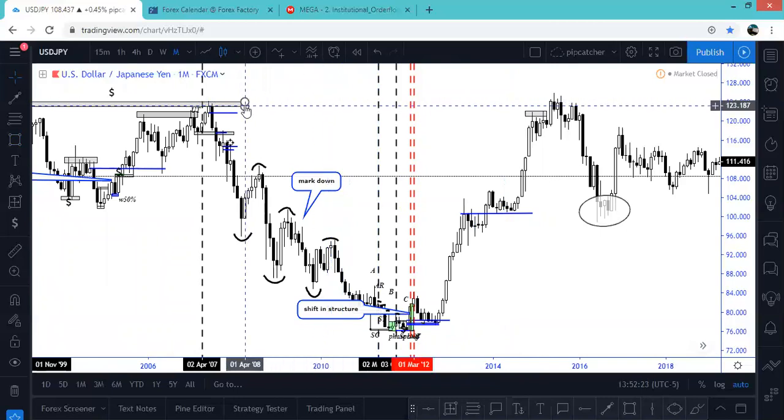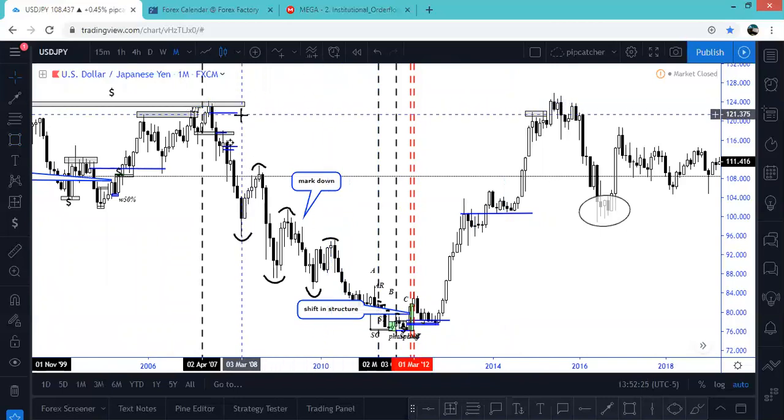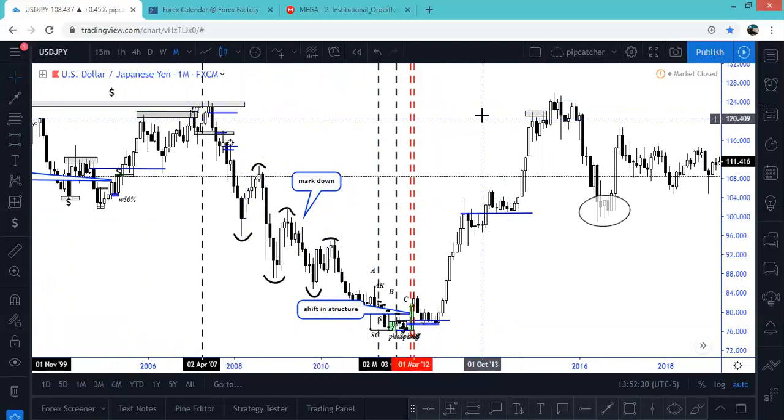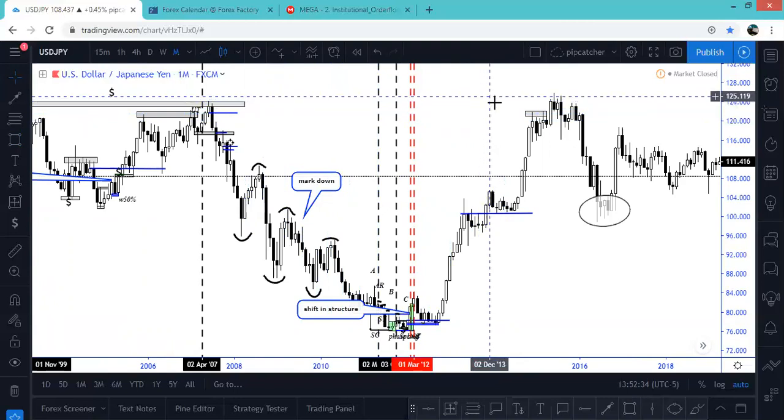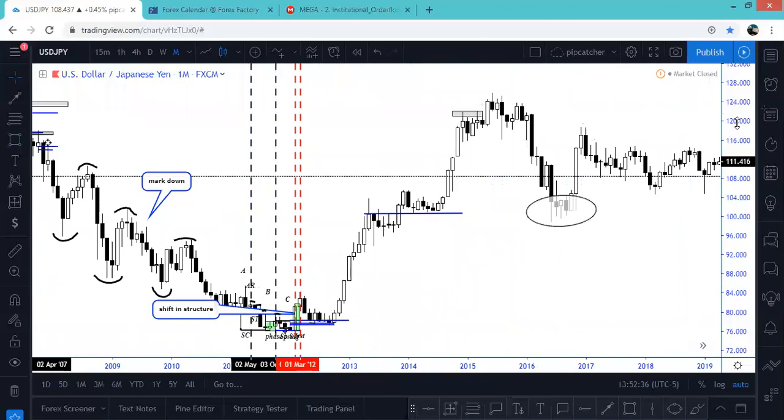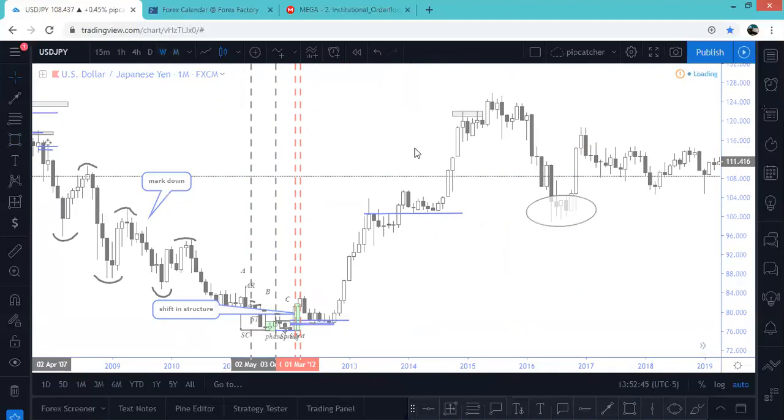So these equal highs are over here in this 120 to 124 institutional big figure, right? These areas right here, 120 to 124 big figure. Okay, so let's go down to the weekly.